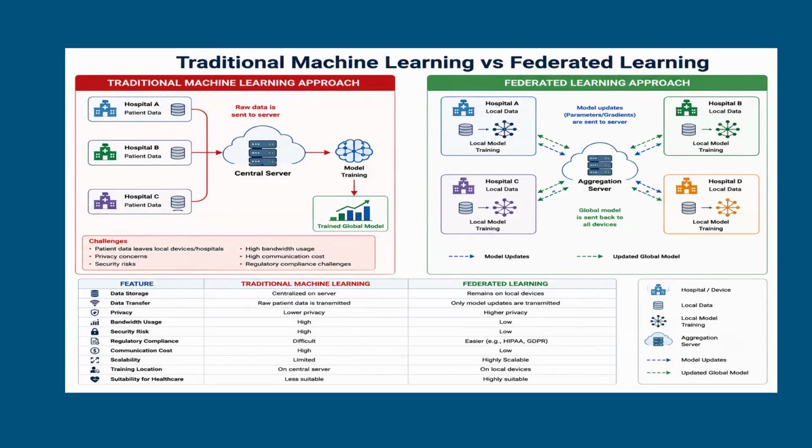So coming to the federated learning approach, as we already discussed, each hospital keeps its patient data locally, and hospital A, hospital B, hospital C, and hospital D independently train local machine learning models on their healthcare data. The advantage is that the raw patient information never leaves the hospital.